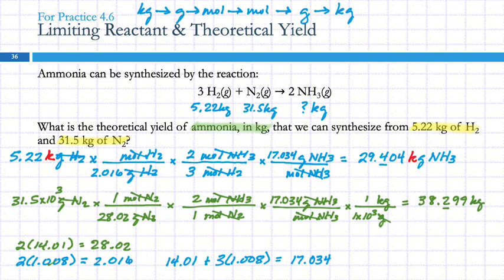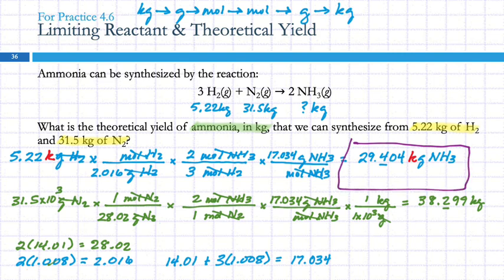Anybody else get that number? I think it's right. It just looks funny to me for some reason. Okay, what's smaller, 29 or 38? 29. Let's see. So this is the smaller number.